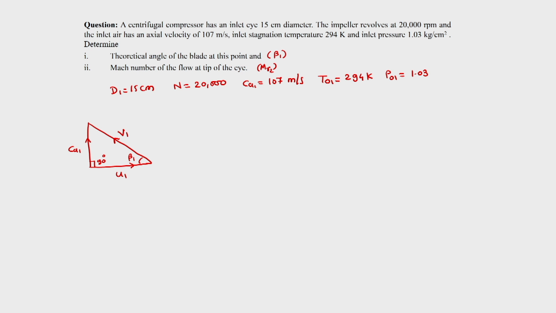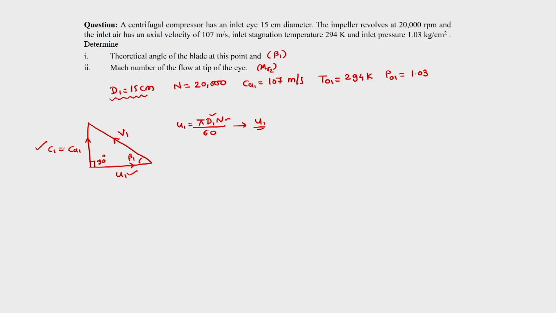So now, having these things known, we can find out C1 is equal to CA1. CW is 0 at the inlet. So U1 is equal to pi D1 N by 60. We know D1, we know N, and then we can find out U1. So U1 is known in this velocity triangle. We are given the axial velocity again, so this is known.